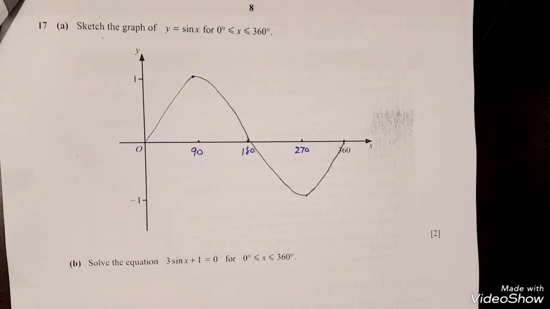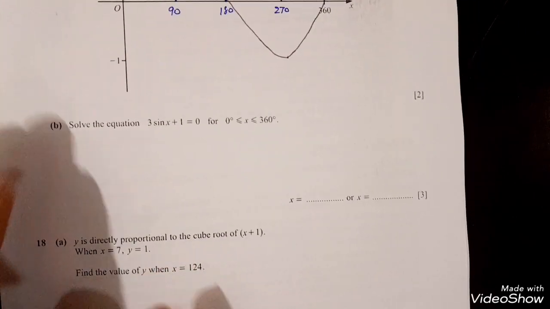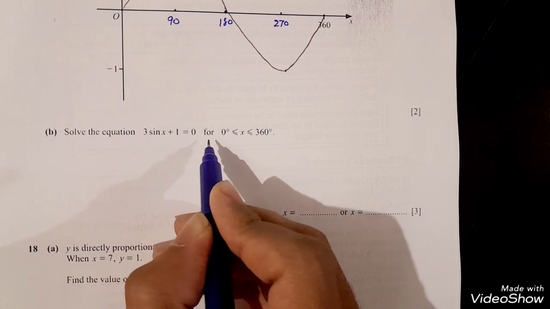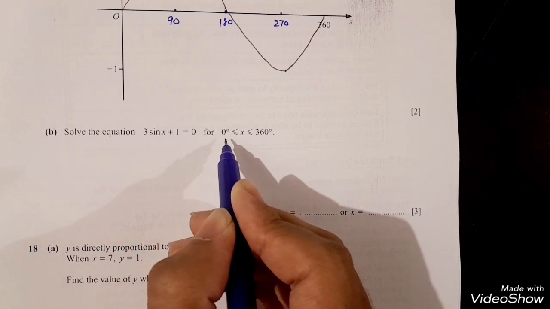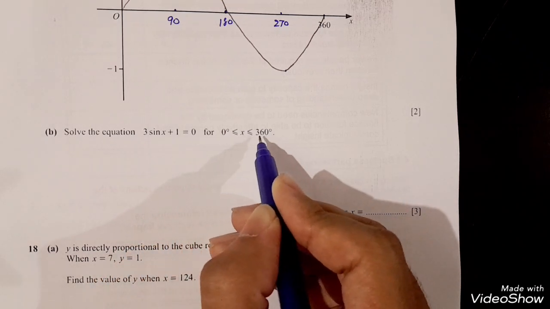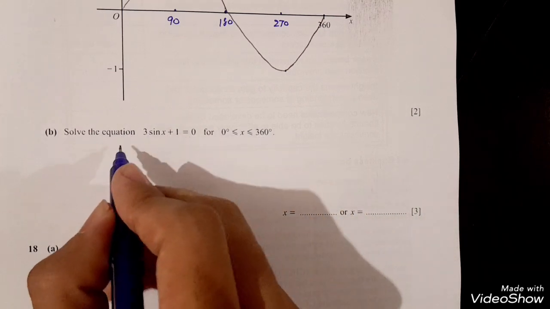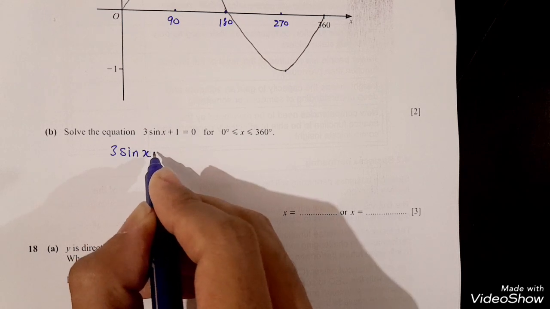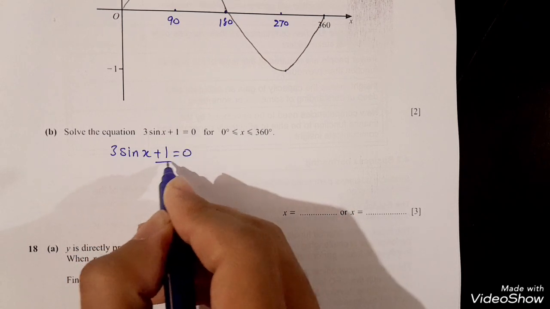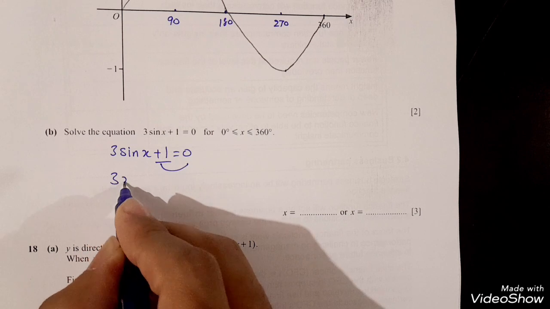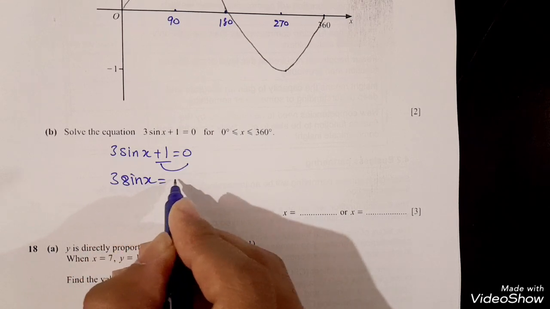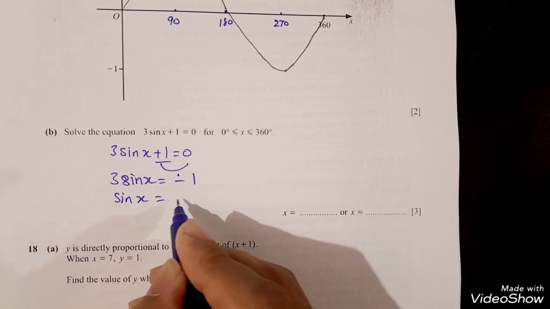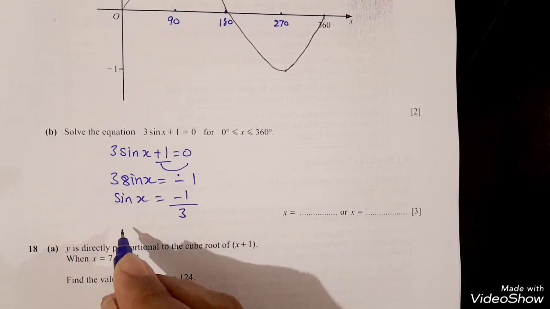Then part B states: solve the equation 3 sine x plus 1 is equal to 0 for x greater than or equal to 0 degrees and less than or equal to 360 degrees. First we will rearrange this equation, so we move this over here. So this will be 3 sine x is equal to minus 1. Then sine x is equal to minus 1 divided by 3.